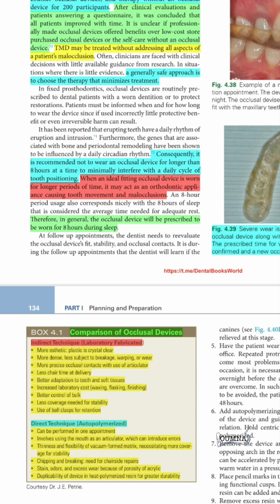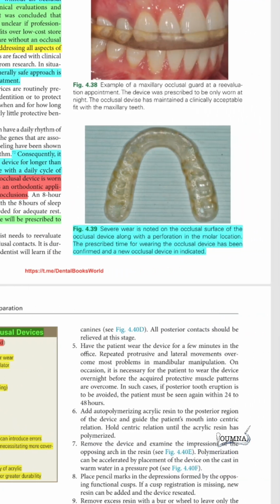These devices are worn for 8 hours during sleep, and if they were worn more than that during the day, they will act as an orthodontic appliance causing tooth movement and malocclusion.